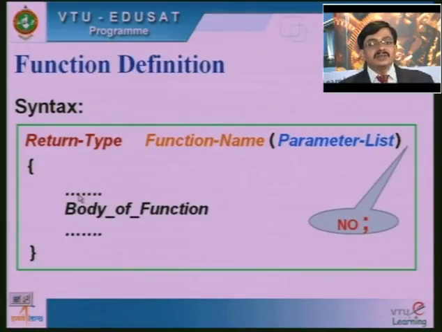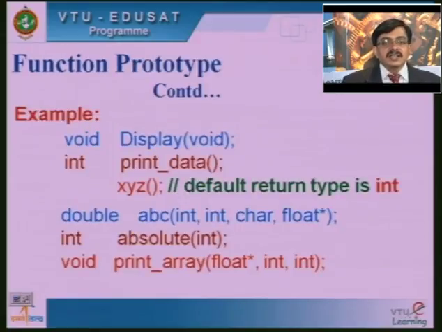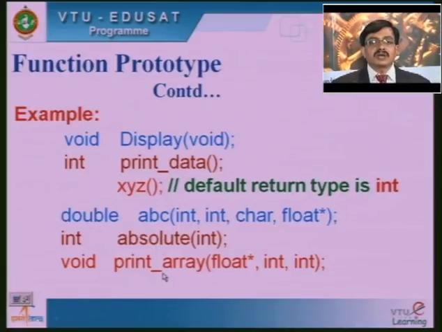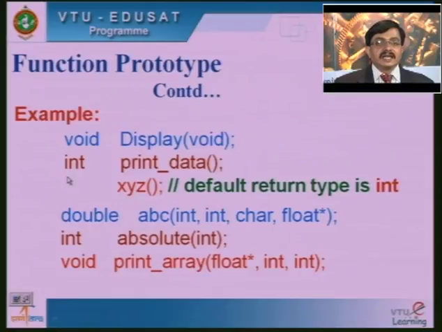Here we are trying to give a meaning to a function, what exactly the function has to do. When we look at the function declarations, in the previous case we will not be knowing what exactly display is doing, print_data is doing, or absolute is doing, or print_array is doing, or xyz is doing. We know that they are functions, taking so and so parameters and returning so and so type of data, but we will not be knowing what exactly they are trying to do in the body of their function.